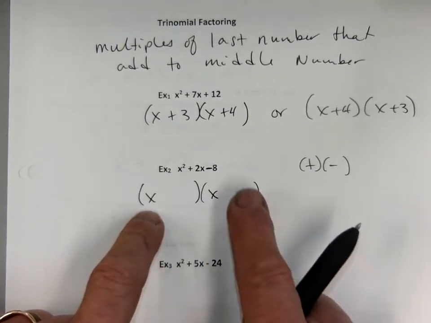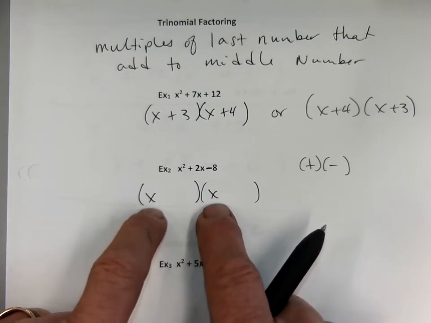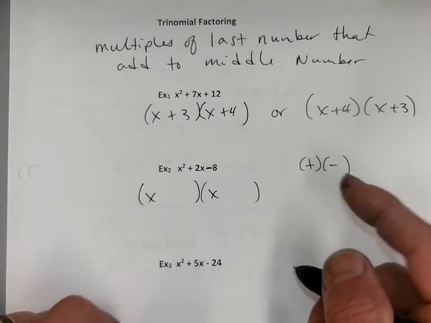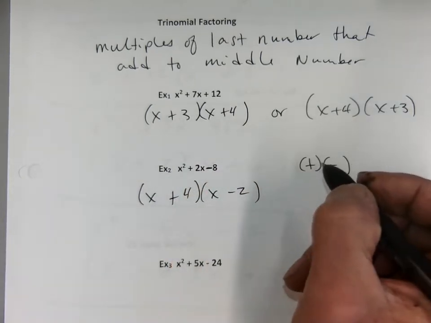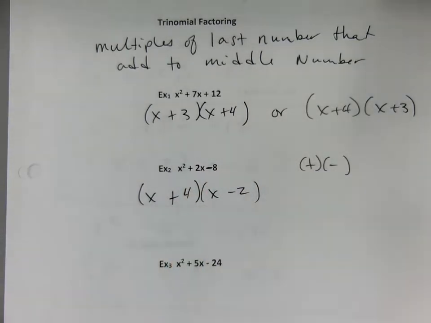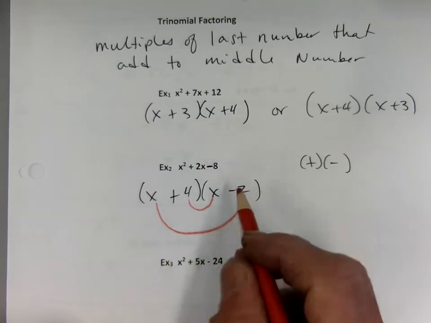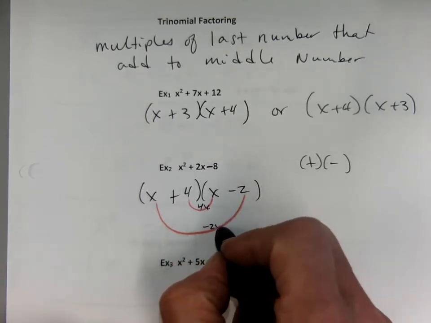So, what times what makes negative 8? Positive 4, negative 2. Everybody agree with positive 4, negative 2? If I use positive 4, negative 2, then if I show my double smiley, inside and outside should be a positive 4x, negative 2x, which does add up.